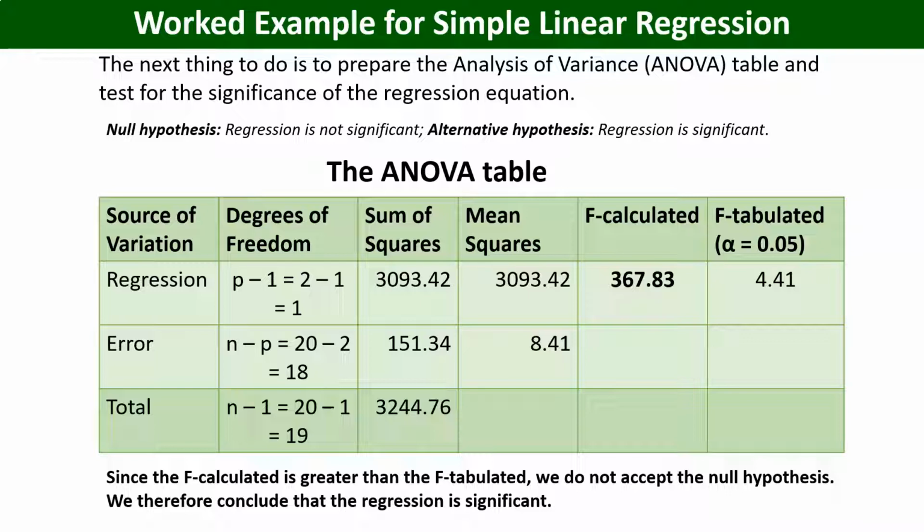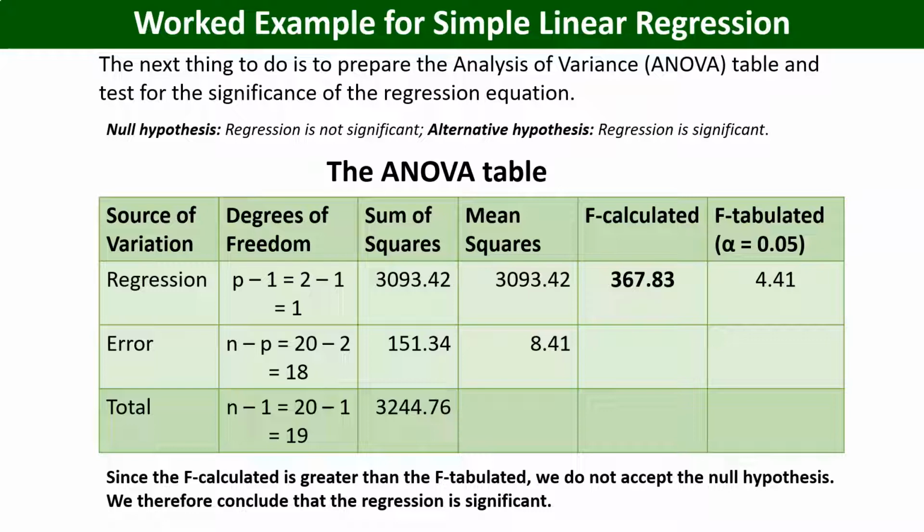And since the F calculated is greater than the F tabulated, we do not accept the null hypothesis. So we don't accept null hypothesis here because F calculated is greater than F tabulated. We therefore conclude that the regression is significant. That is, we accept the alternative hypothesis. So that's our conclusion.